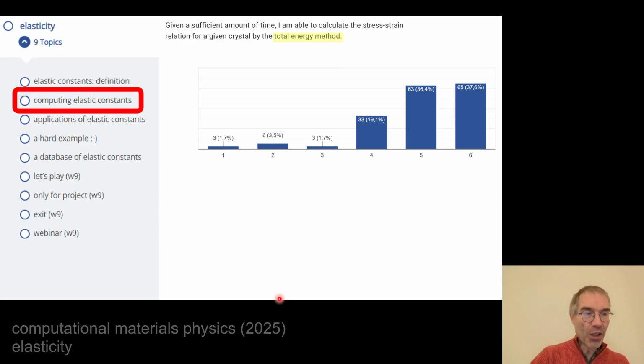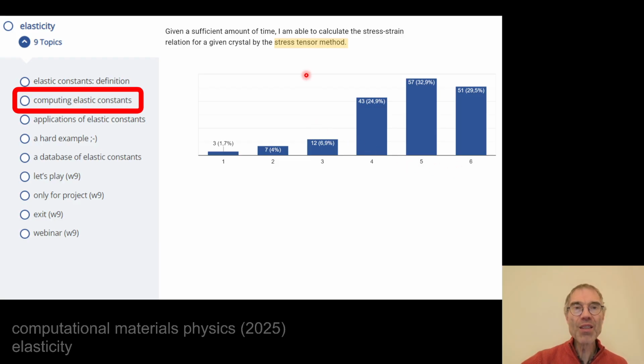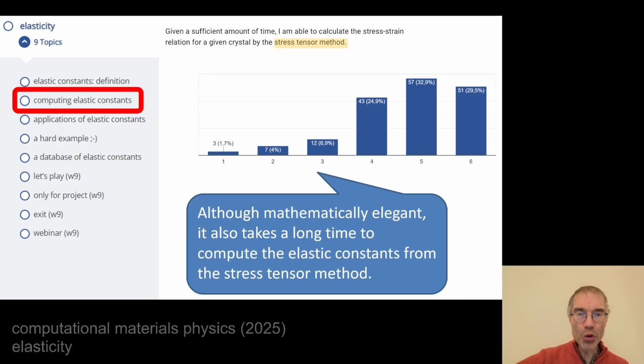And this can be done in two different ways. We have the total energy method, where you feel rather confident about, and there is the stress tensor method, where there is a bit more hesitation for this method. And that is not surprising.